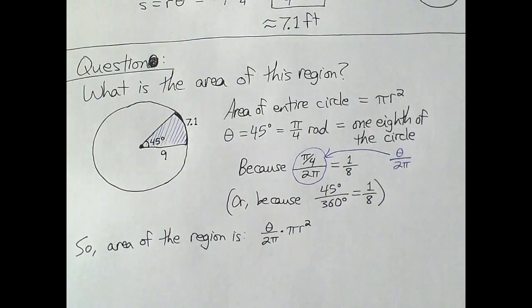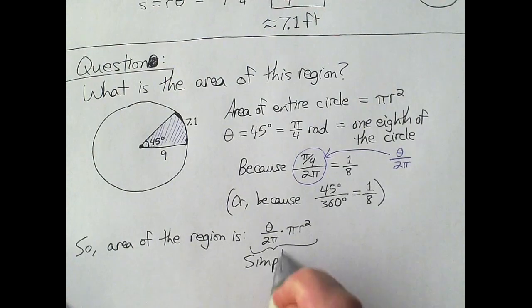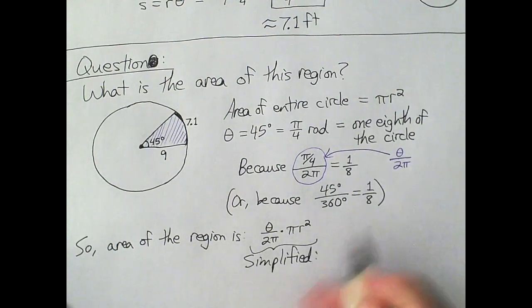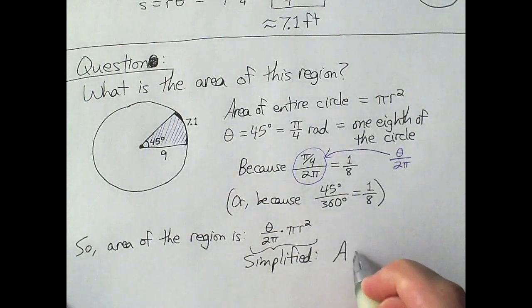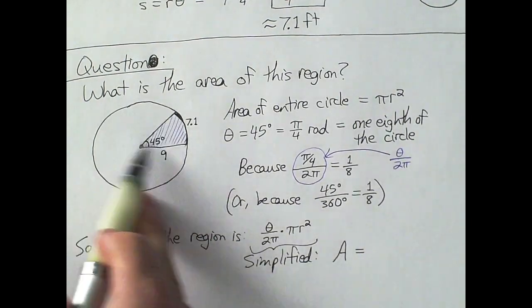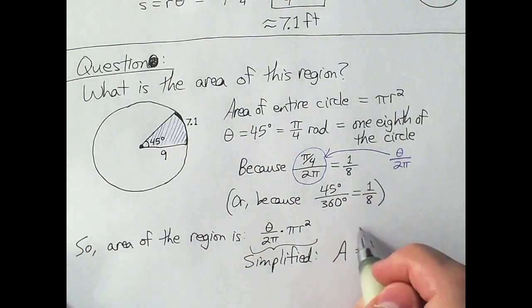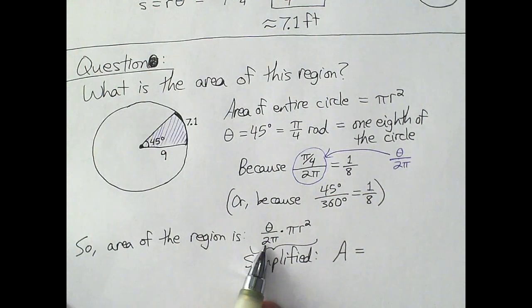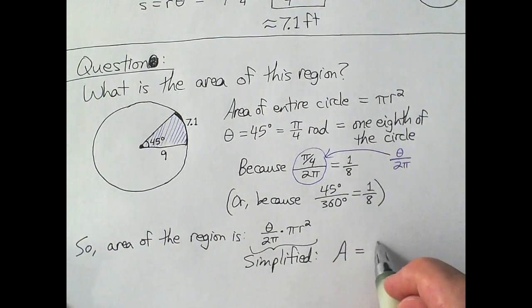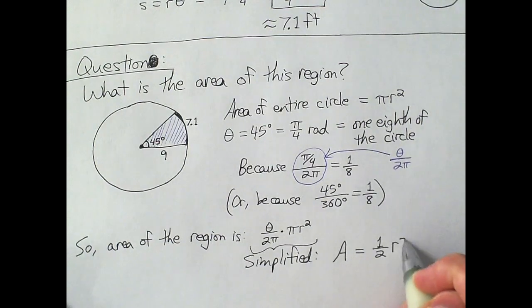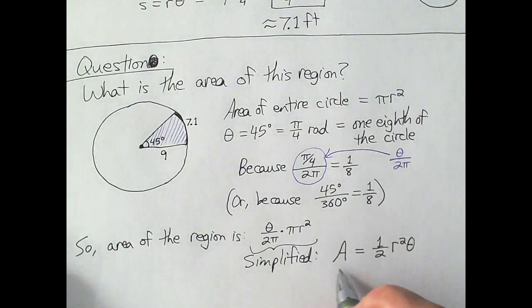That's basically me doing 1/8 of the area of the circle. We take this and simplify it, and we get a formula for the area of this type of shape. There's a 2 on the bottom, but the pi and the pi cancel out, right? So we could write this as 1/2 r squared theta. And that's how we usually write it.